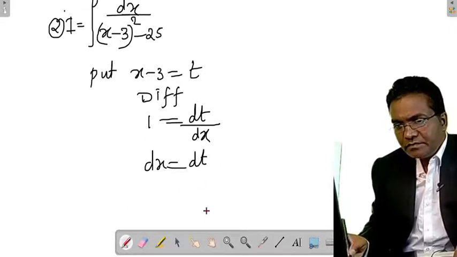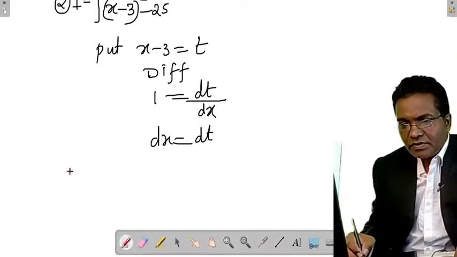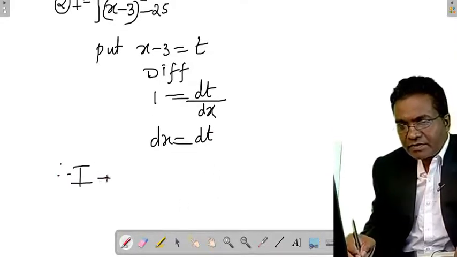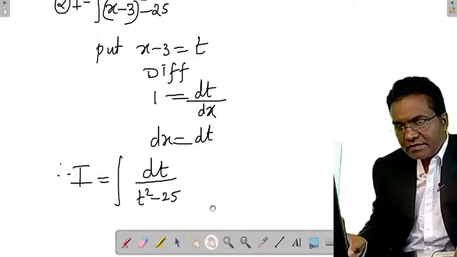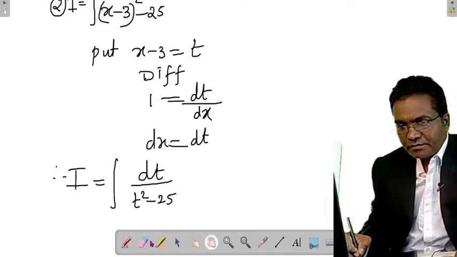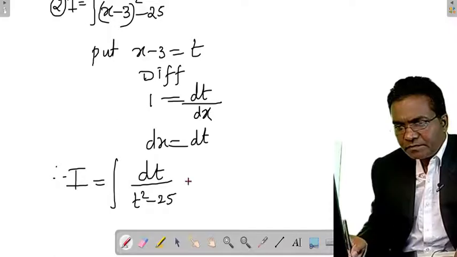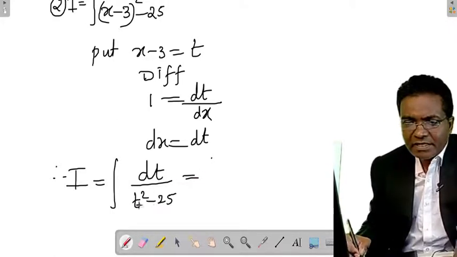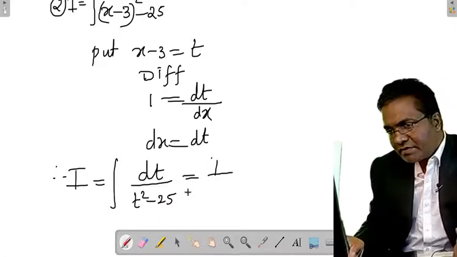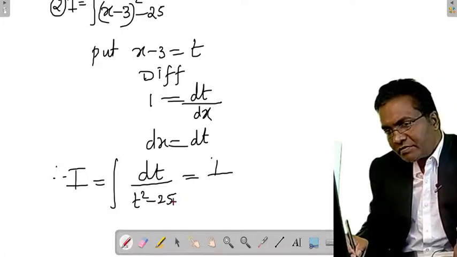So what I becomes dt by t square minus 25, which is of the form x square minus a square. So a square is 5 square, 25 is 5 square.